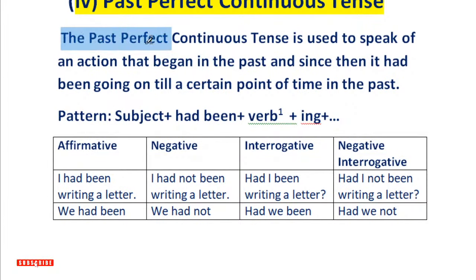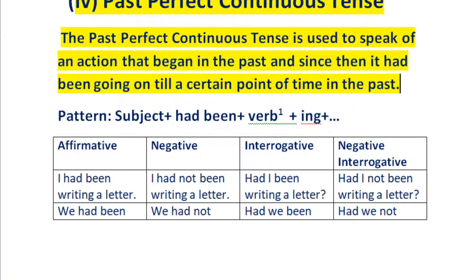So in past perfect continuous tense, when the action starts in the past and then continues in the past, and after that at another point of time the action stops.